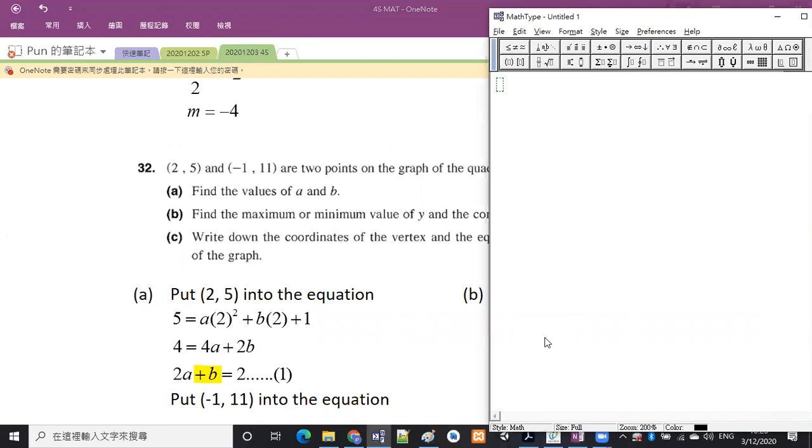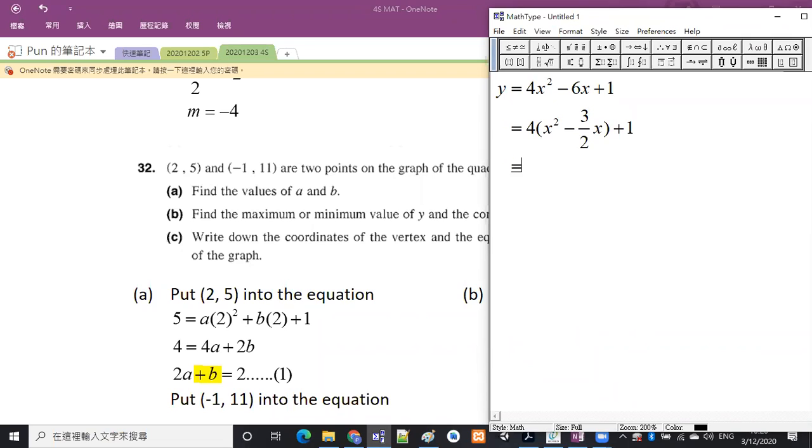So y is equal to 4x squared minus 6x plus 1, and then take out the 4: x squared minus 6 over 4, or 3 over 2, x, plus 1.